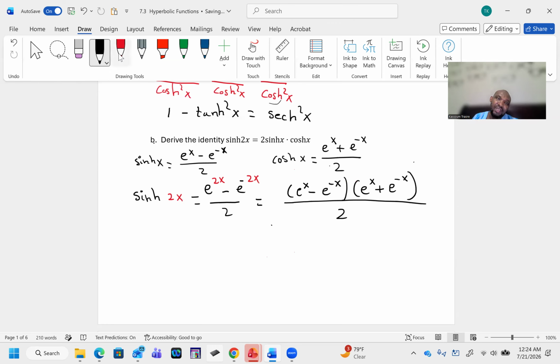But if I check correctly, this looks like hyperbolic sine x. But since hyperbolic sine x is divided by 2, and this is not divided by 2, we can say this is 2 times hyperbolic sine x, right?